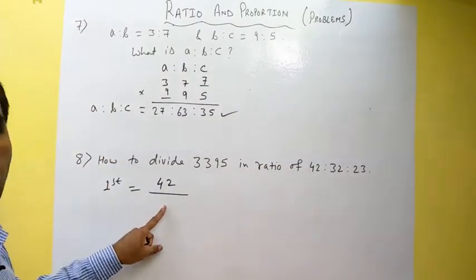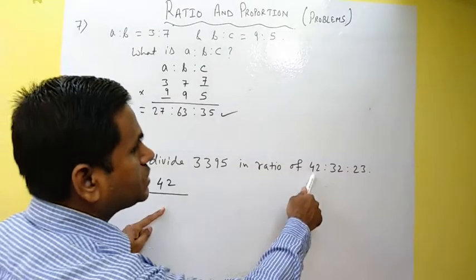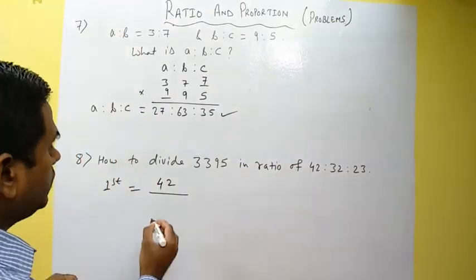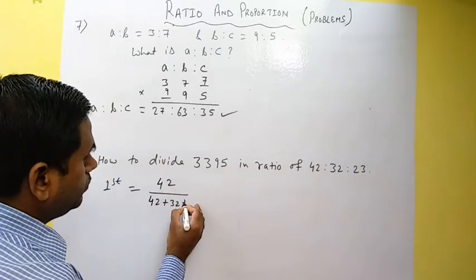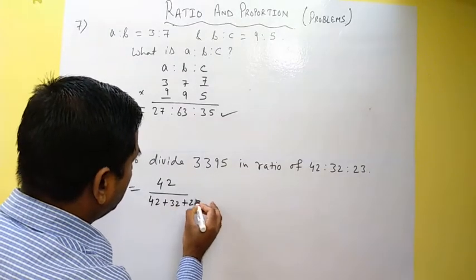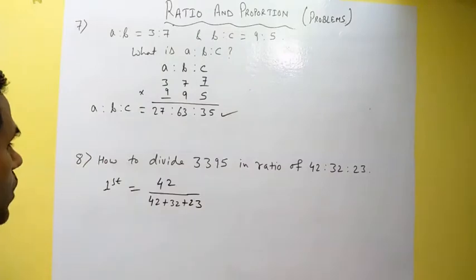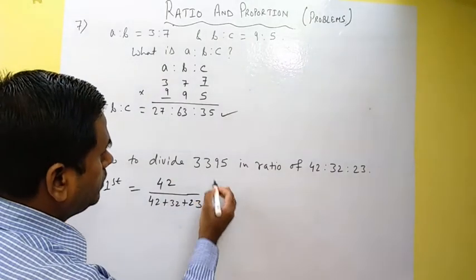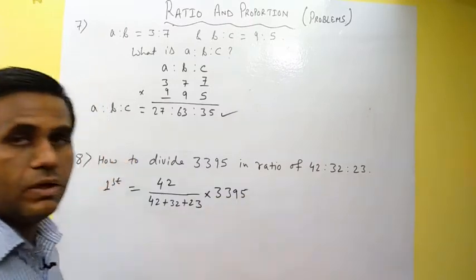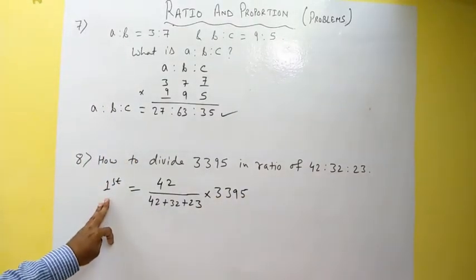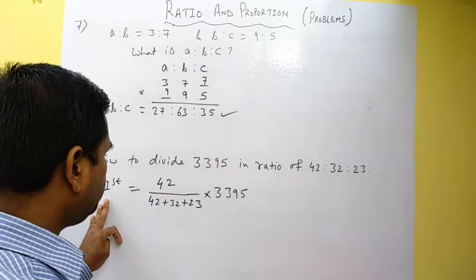Next, down in the denominator, we will write the sum of this ratio. So what is the sum of the ratio? 42 plus 32 plus 23. And this is multiplied with the total number which we have to divide. So this will give us the first proportional. Okay.